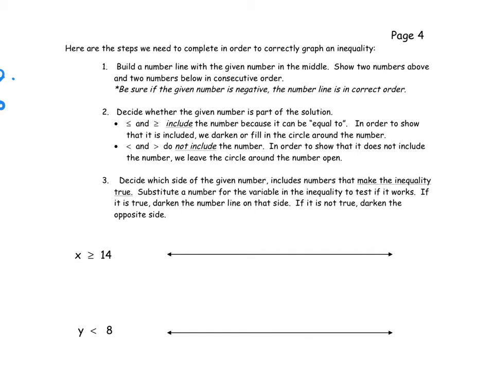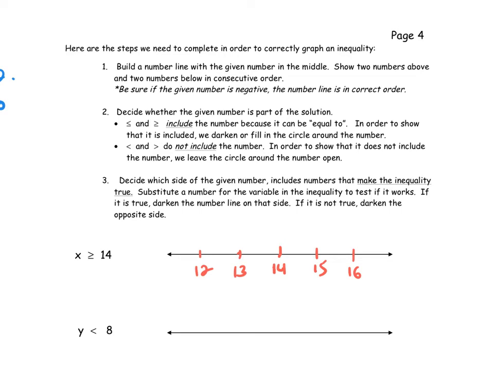Our key number here is 14, and so this reads x, all the numbers that are greater than or equal to 14. So I'm going to start first, as step number 1 says, building the number line. So I'm going to start with 14 in the middle, and now I'm going to put 2 numbers below, again in order, working backwards.